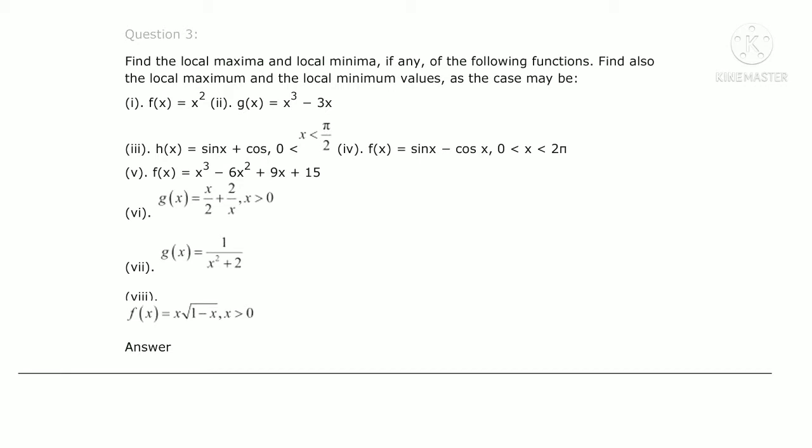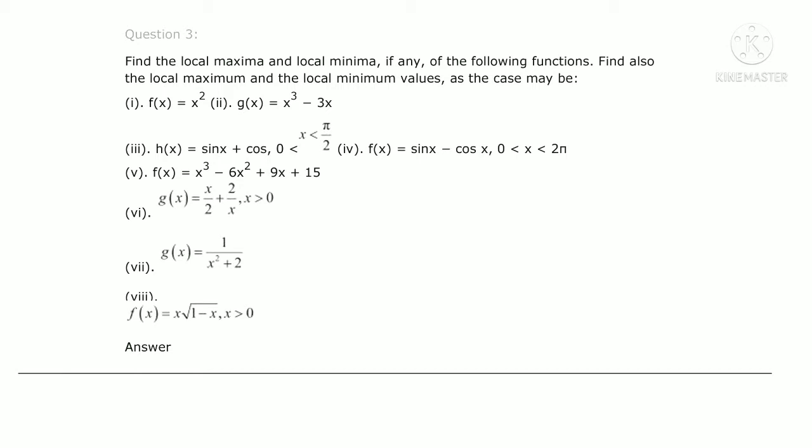In some books it is written as only maxima and minima, and then we know we have to use the second derivative. But sometimes the questions are given as local maxima and local minima, and in this case also sometimes we use the second derivative if required. Is it clear? Don't confuse this.